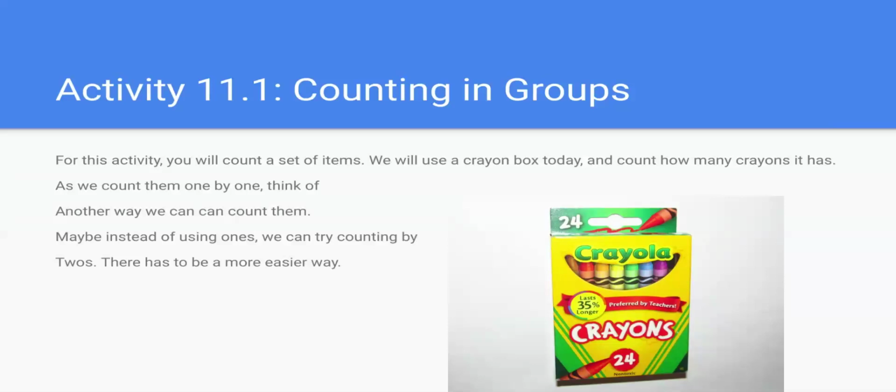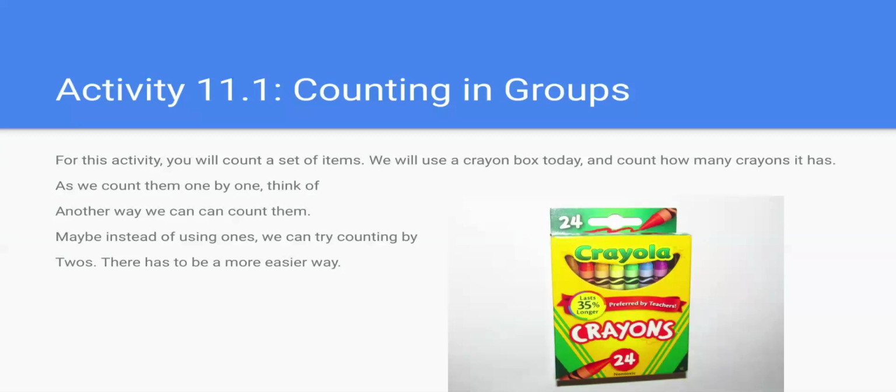I chose a box of crayons that have 24 crayons inside them. We will use a box of crayons today and count how many crayons it has. As we count them one by one, think of another way we can count them. Another way can be counting by twos. So instead of using ones, we can try counting by twos.